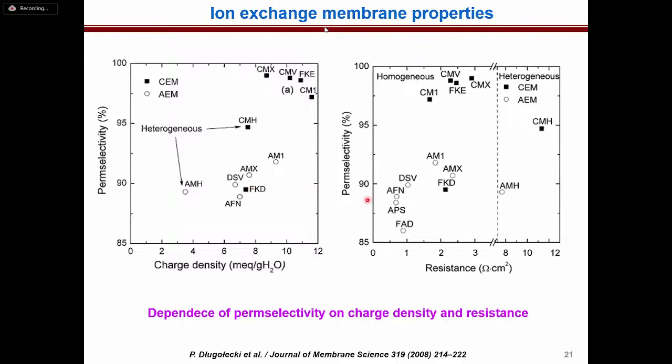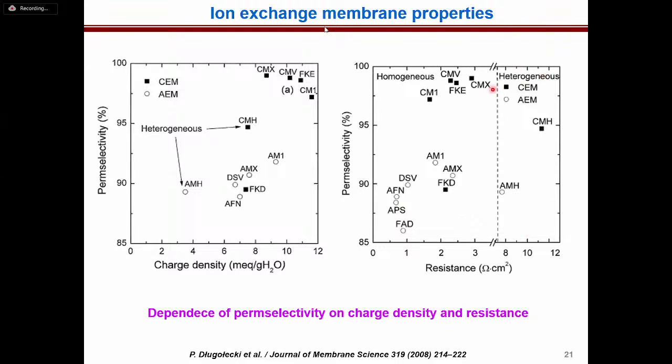The resistance and the perm selectivity, how do they relate? The very tricky thing is that you cannot improve the resistance and the perm selectivity together. When you reduce the resistance, the perm selectivity falls for most of the membranes. So low resistance, perm selectivity is down. Very high resistance, perm selectivity is good.